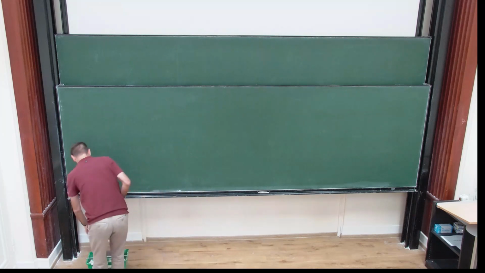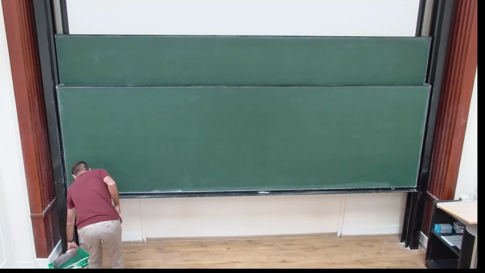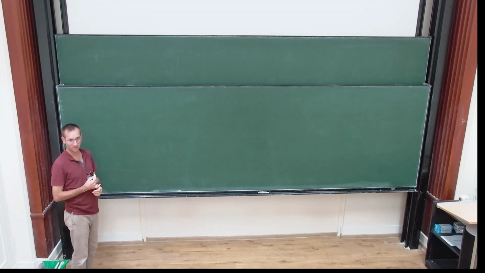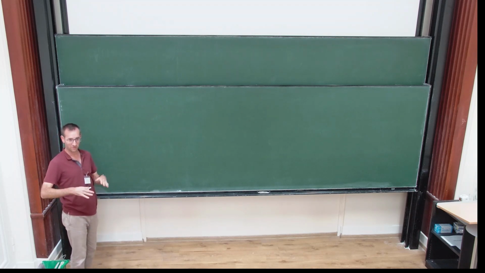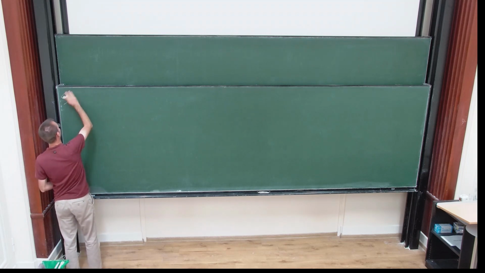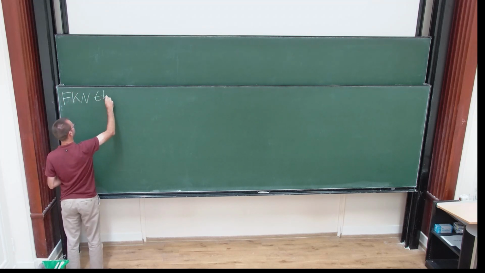Okay, so yesterday we worked with plus minus 1. Now we're going to switch to 0, 1, just to confuse you, and because it's more common to do so when working over a biased domain. So this is the FKN theorem.